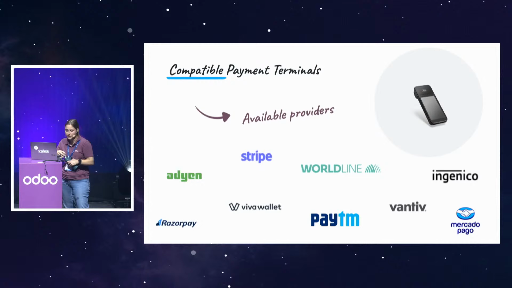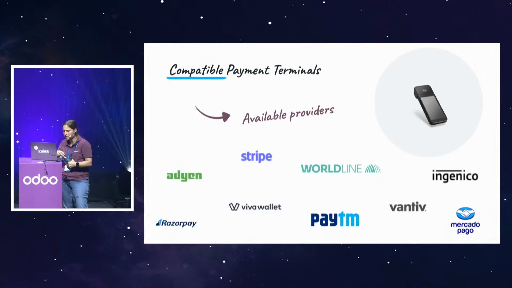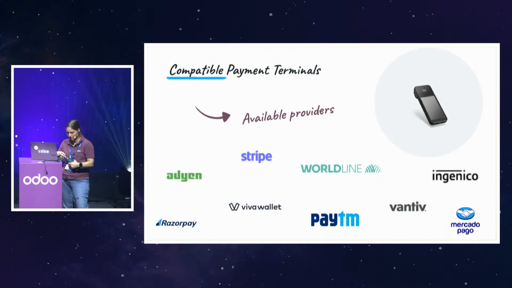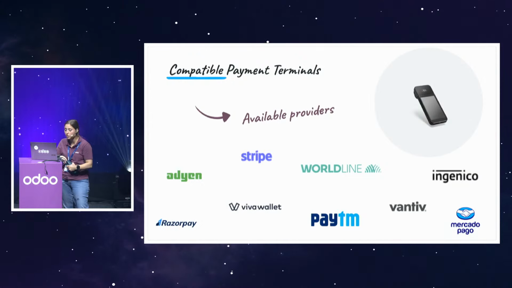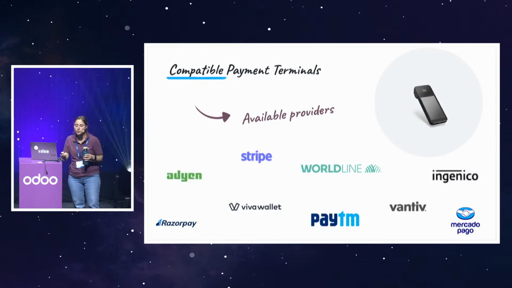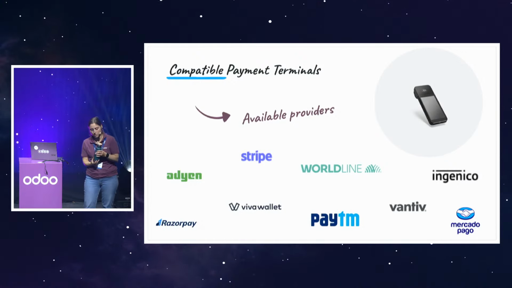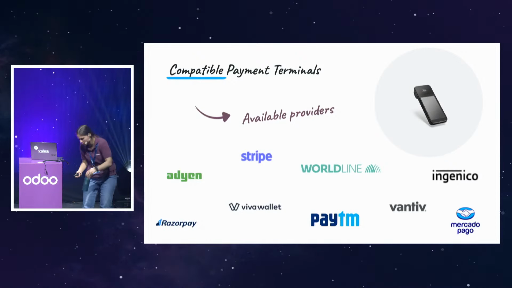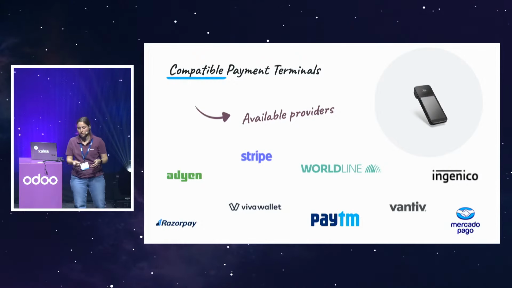So you need to take Adyen, Stripe, Worldline, Ingenico, Viva Wallet, Razorpay, Paytm, Vantiv, or Mercado Pago, depending on, of course, the commissions that you will manage with the provider.